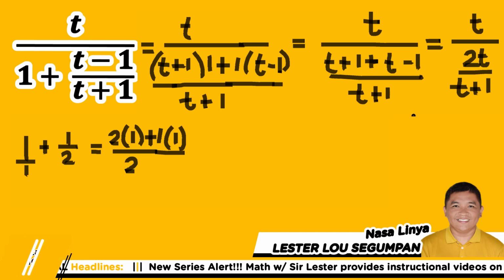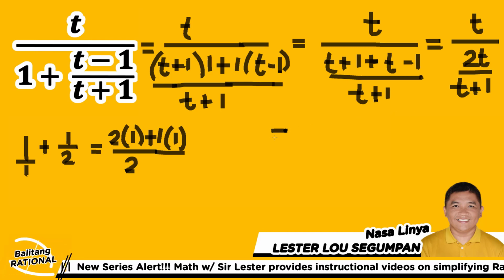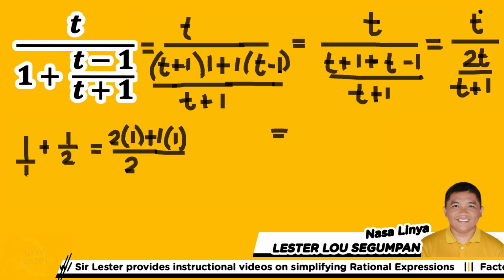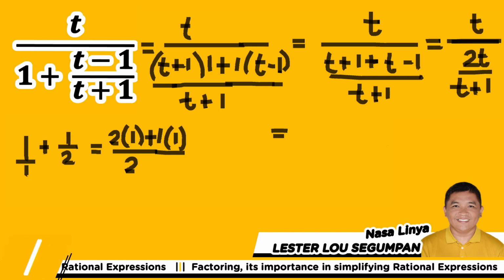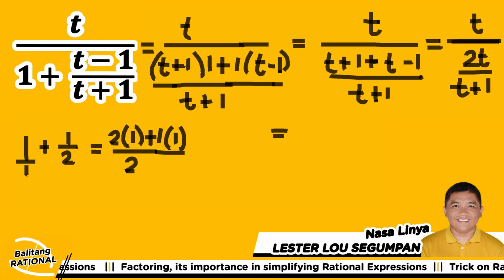Hopefully, you're following pa. Next step. Since we have here the original t, it's our numerator, over a rational expression, we are dividing them. So therefore, we are going to look at the division of rational expressions.